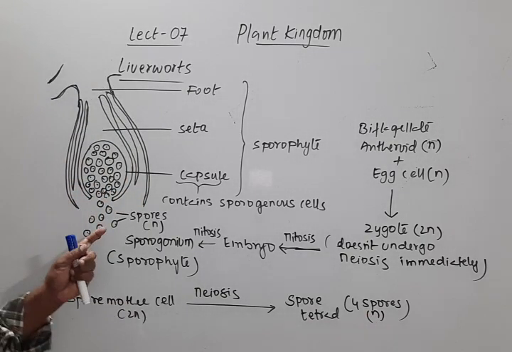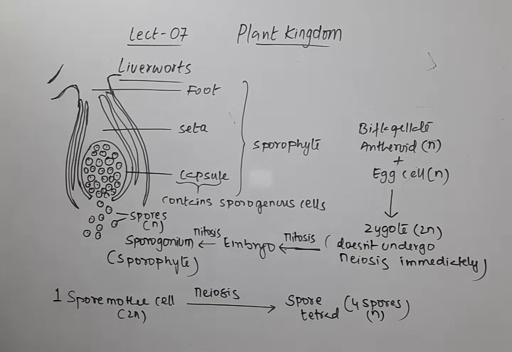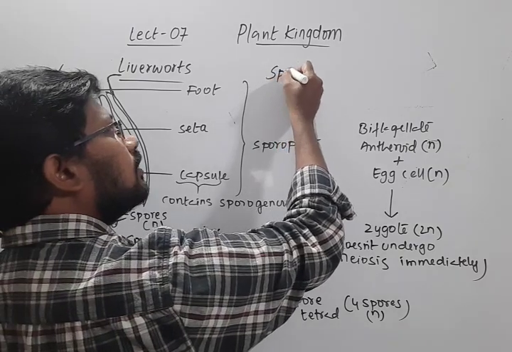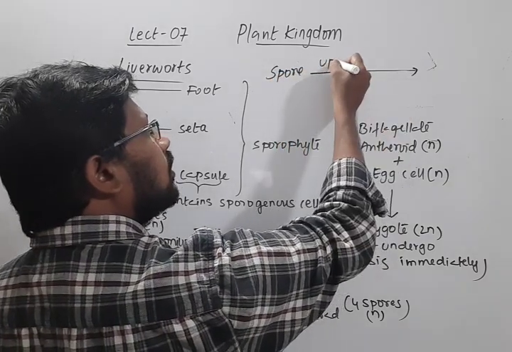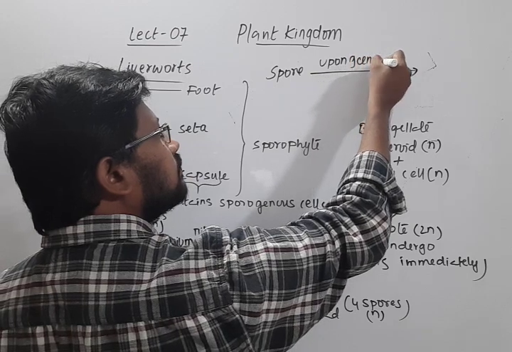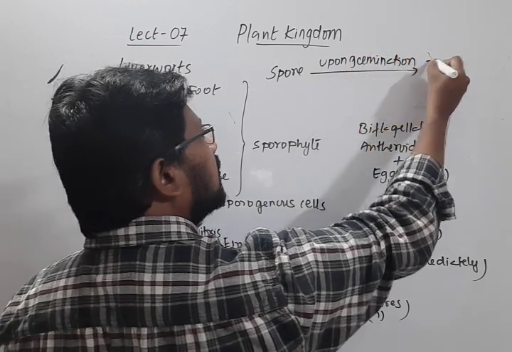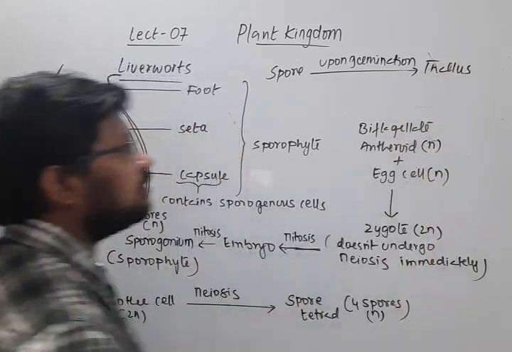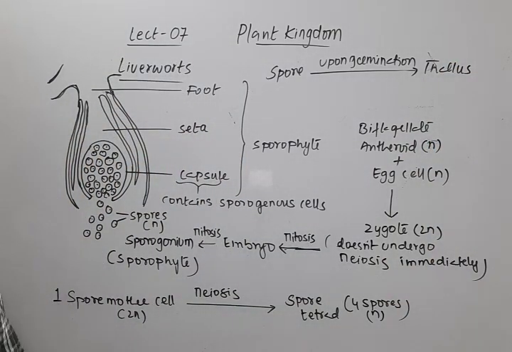Now these released spores, when they find a suitable location, germinate and give rise to the thallus. Upon germination, the spore develops into a thallus, and that thallus may become a female thallus or a male thallus, and again the sexual cycle goes on.